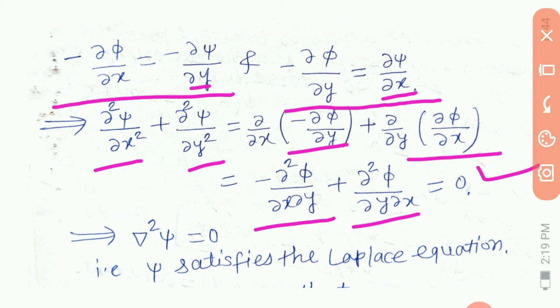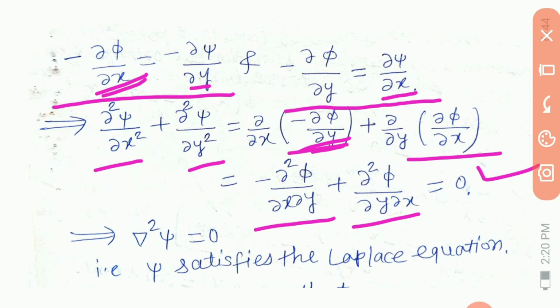We take here ∂/∂x of ∂ψ/∂x, where ∂ψ/∂x is −∂φ/∂y. So we have −∂φ/∂y, plus ∂/∂y of ∂ψ/∂y, where ∂ψ/∂y is ∂φ/∂x.